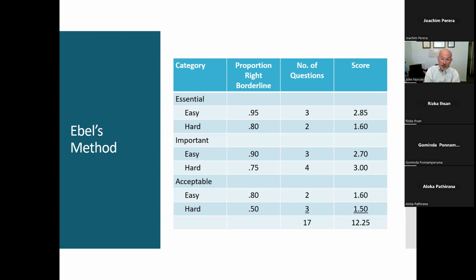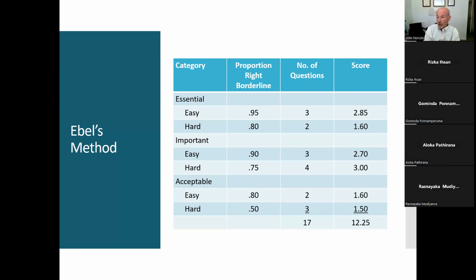And then they move on to the second category, essential and hard. And they do exactly the same thing. They go around the room and everybody makes individual judgments about that. At the end of the day, they average it for the category. So as you can see in this example, the group of judges thought that for the essential easy items, 95% of the borderline group would be getting those items right.